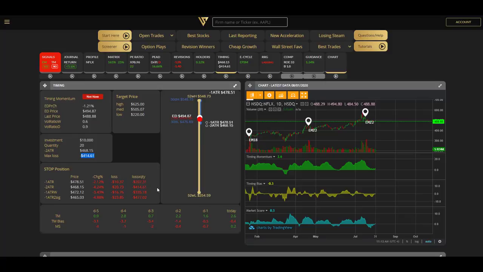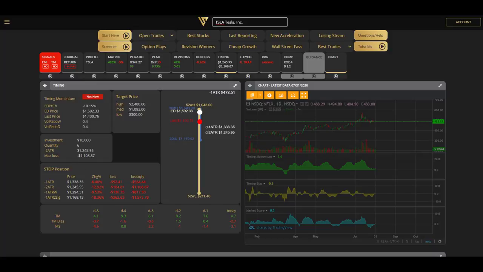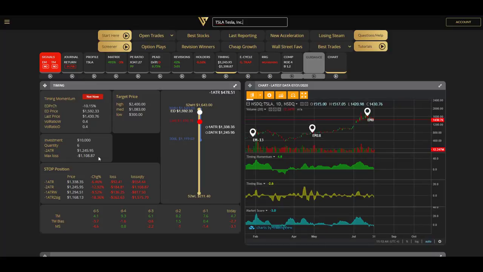So that's important to know because you know what your risk is, and obviously it varies with every stock, right? So if I pull up another stock like Tesla, for example, now for $10,000 invested, I can lose more than double, even triple, like I lose $1,000, right? So that's a significantly different number here.